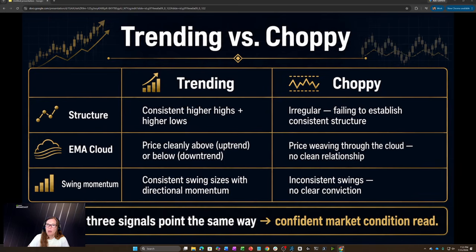Okay? Is price moving clearly above those key EMAs and staying there? If it is, it's trending.